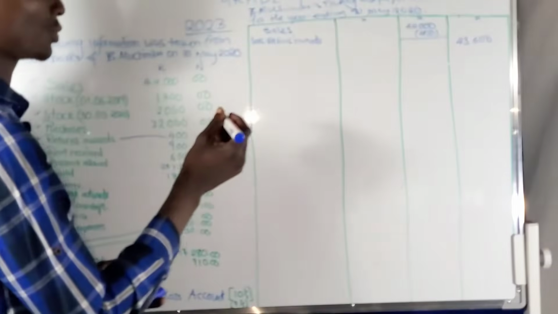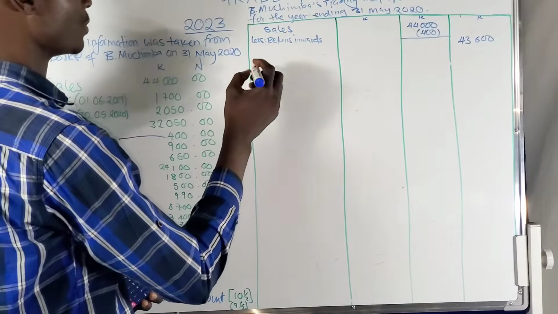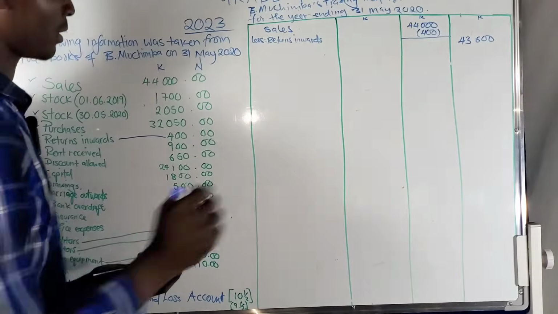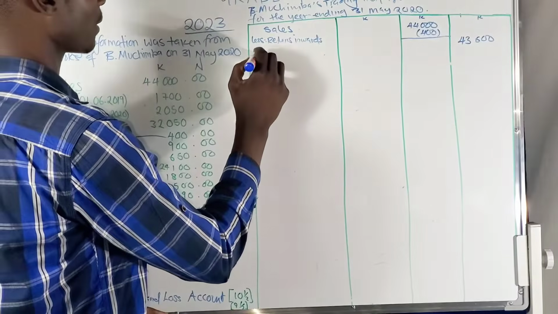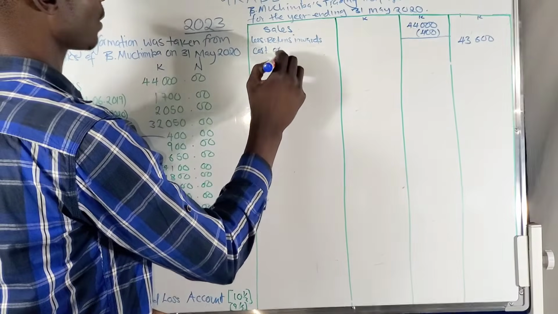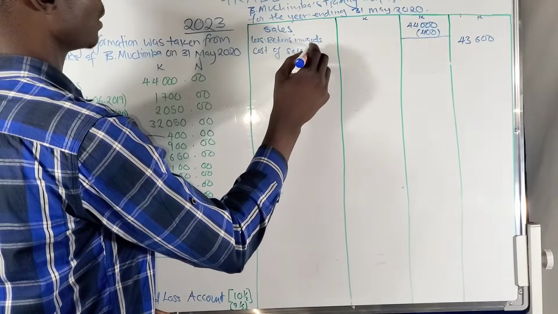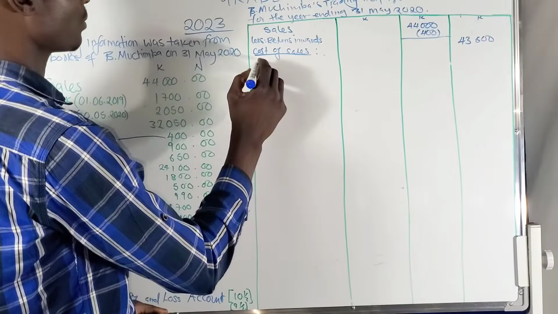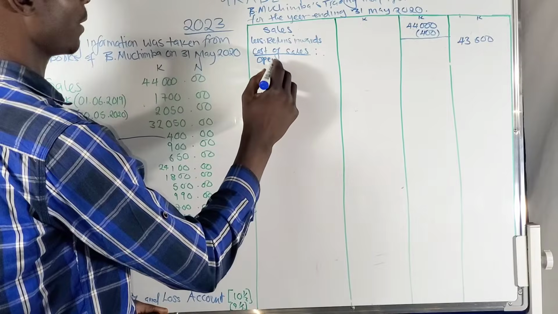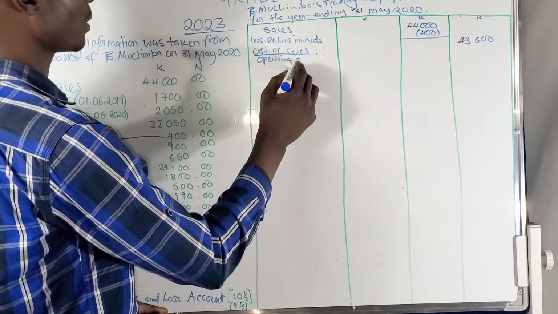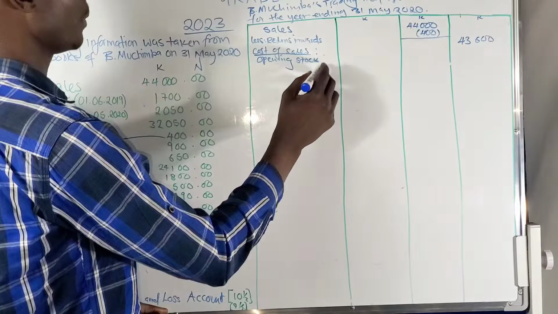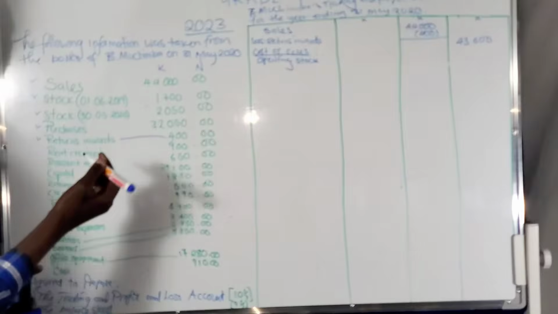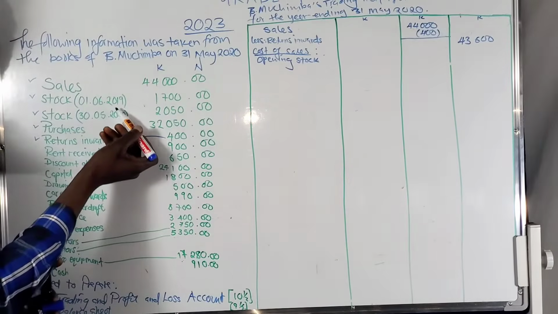All right. So what you do after this, you go to cost of goods. Okay, cost of sales. Now, under cost of sales, this is more like a title. We're going to start with the opening stock. We have two stocks, 2020 and 2019.